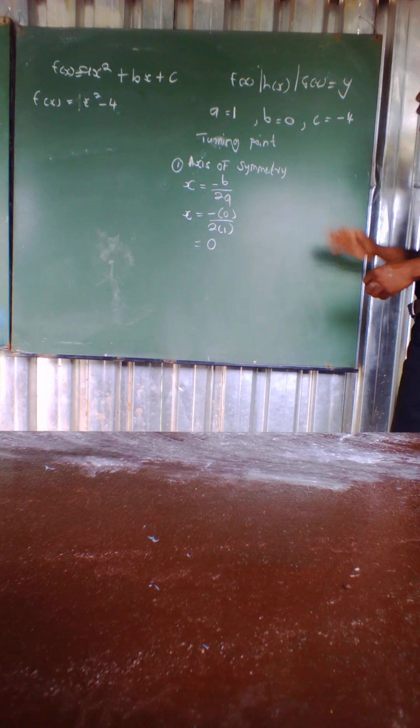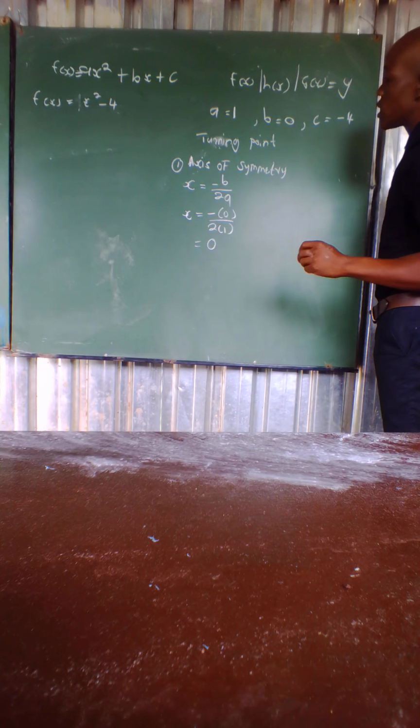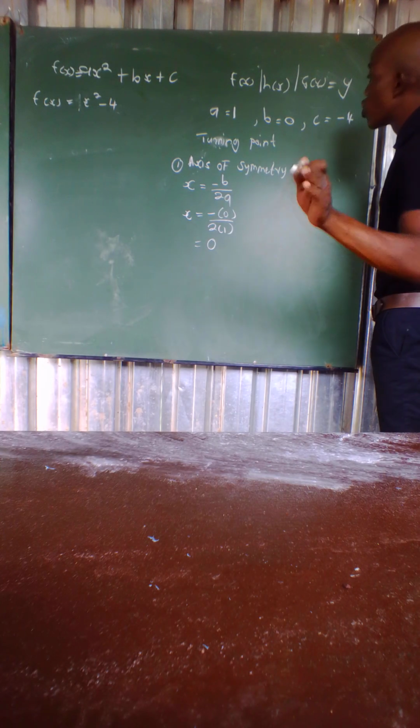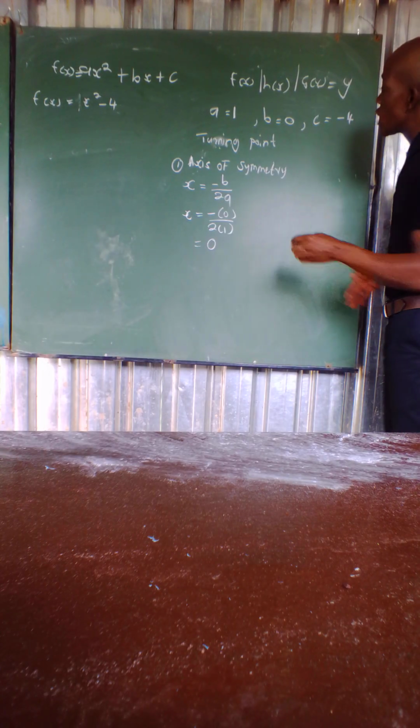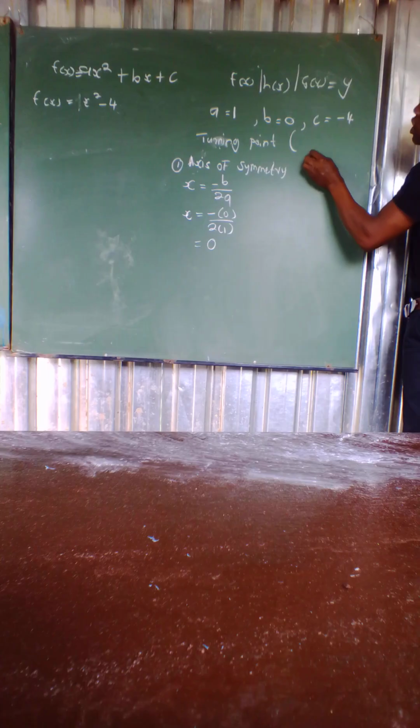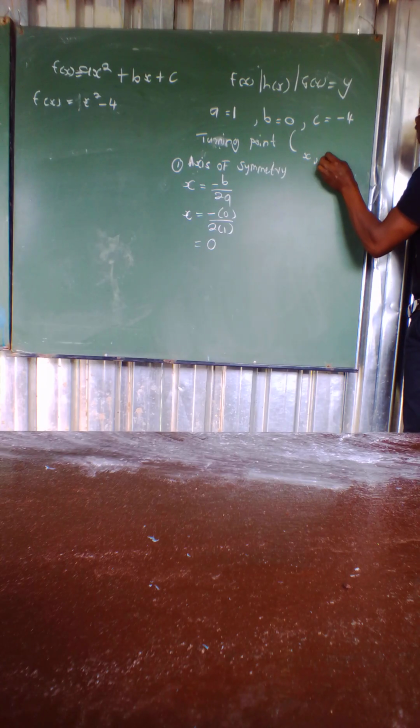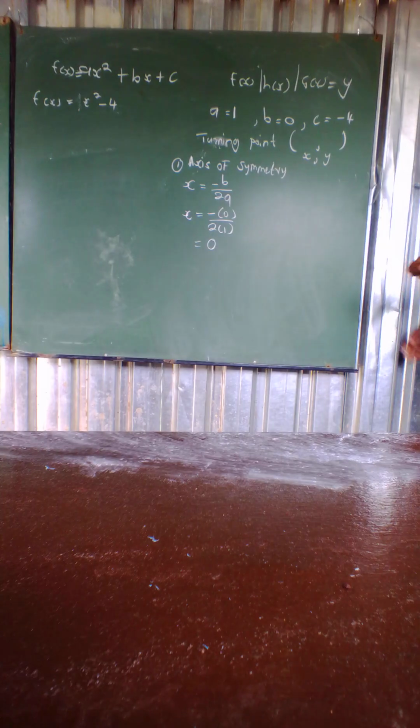Right. Now for the other value of the turning point. Mind you, the turning point has 2 coordinates. On your turning point, you are required to find the value of x and also the value of y, and always make sure that you write them in brackets.